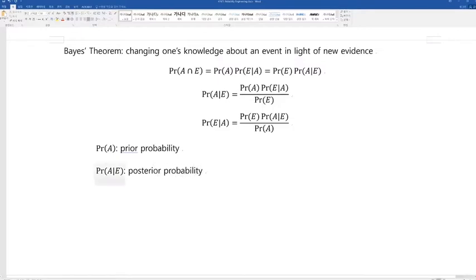So this is also the probability of A, but after we observe this event E.